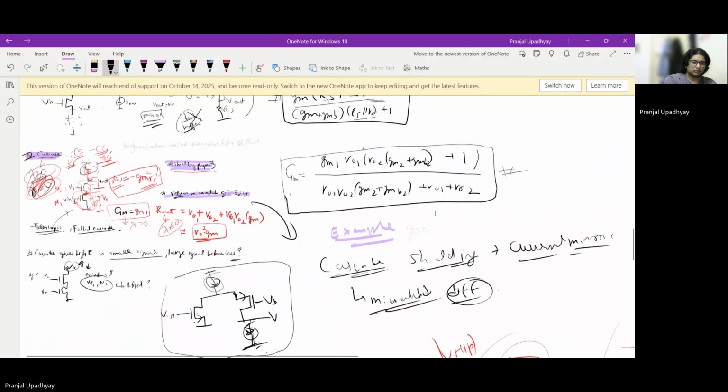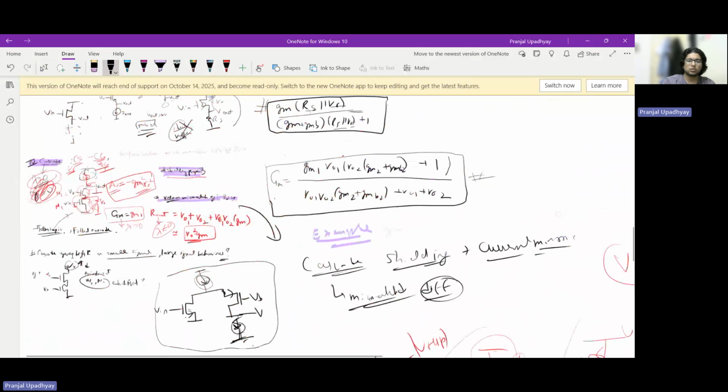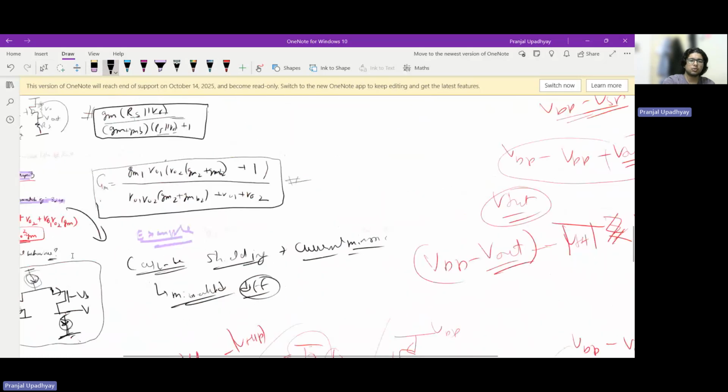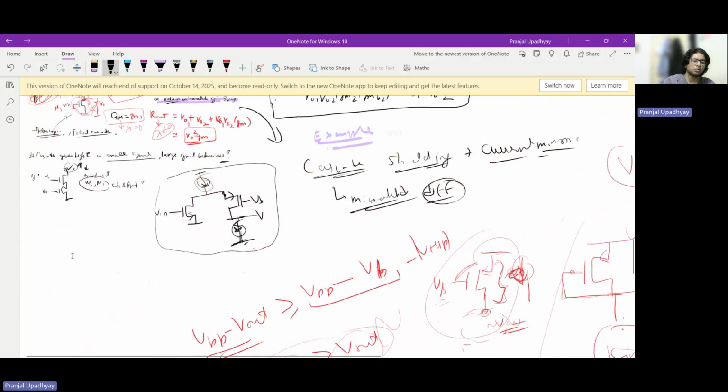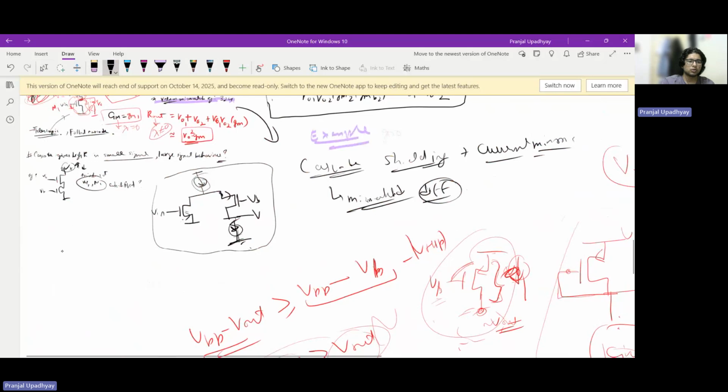Now, there is one more thing I want to discuss about cascode, which is the large signal behavior of cascode. There are three things that I want to discuss exclusively later on, using an example in the book by Razavi. One, large signal analysis of cascode.